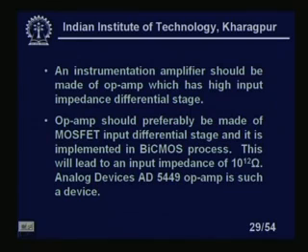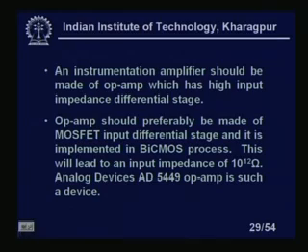The op amp should preferably have a MOSFET input differential stage, implemented in BiCMOS. BiCMOS is a bipolar complementary metal oxide semiconductor process, by which we have both bipolar devices as well as MOS devices on the same wafer.